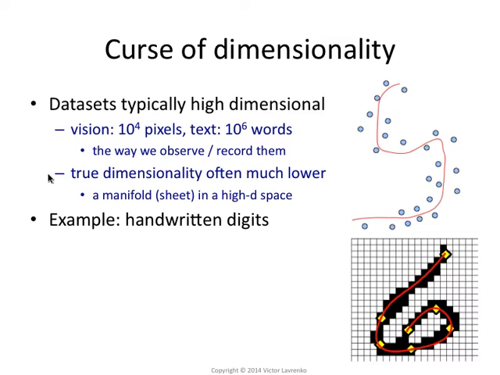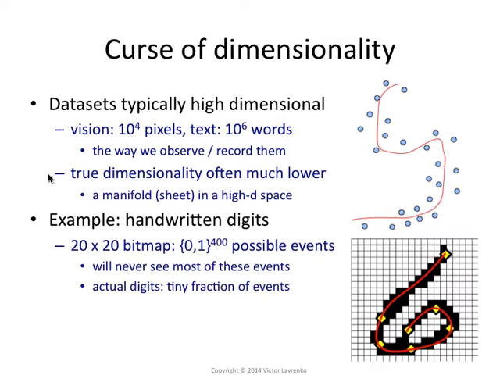It's very good to illustrate this with handwritten digits. Suppose that my digits are 20 by 20 bitmaps, and I'm just using black and white. So the apparent dimensionality of that space, what you get as input, is 400 dimensional, right? Because you have 400 pixels, and each of them is binary.